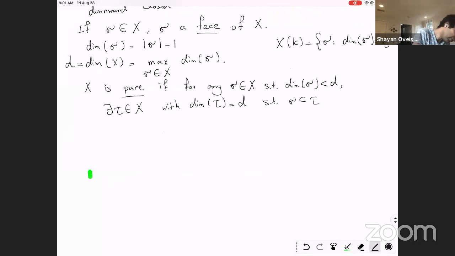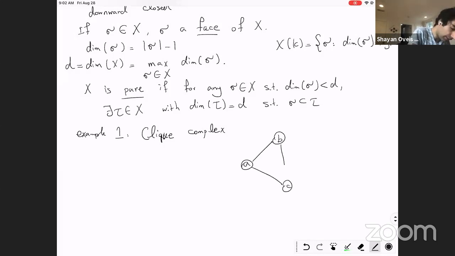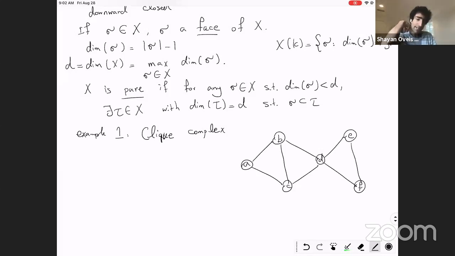Okay, so now examples. Example 1 is called the clique complex. So let me draw this graph. Let A, B. So here we have a graph and a clique complex.